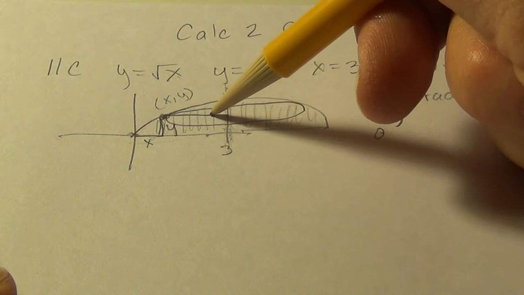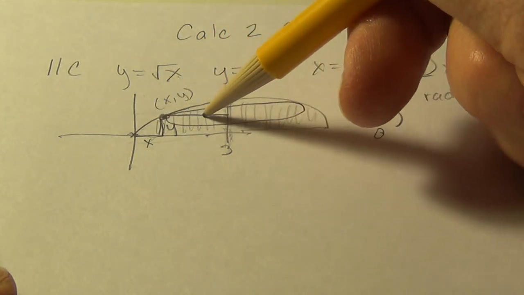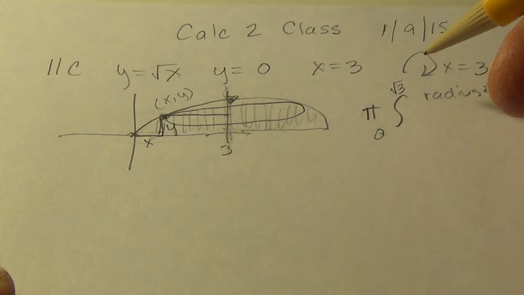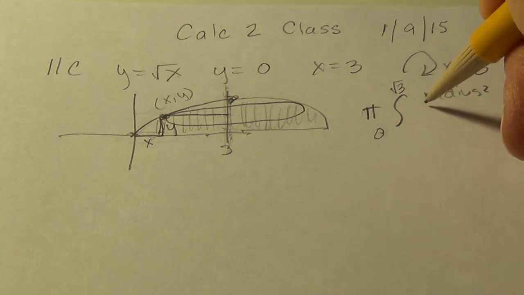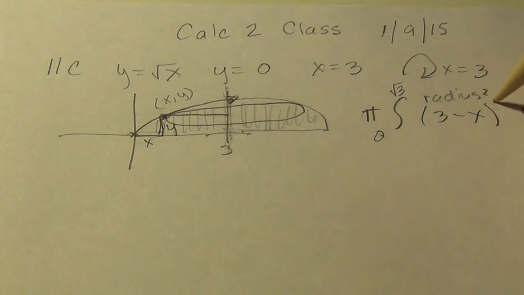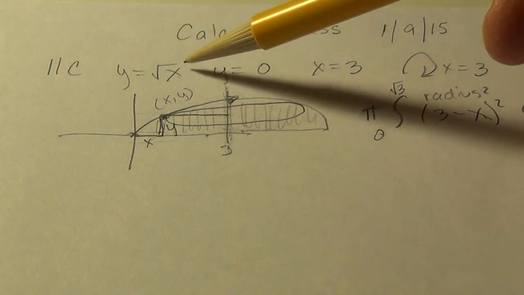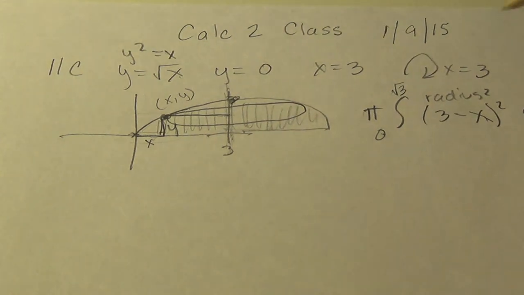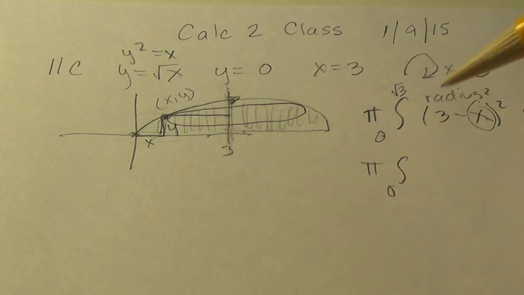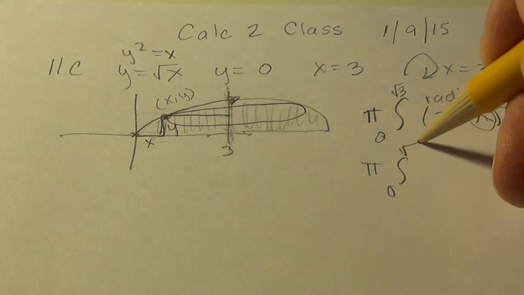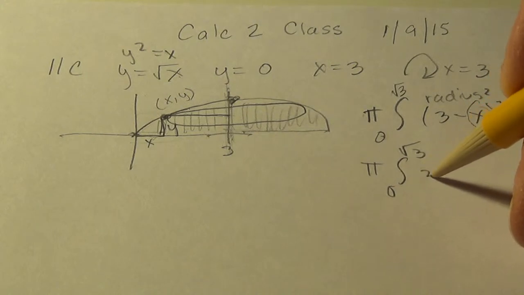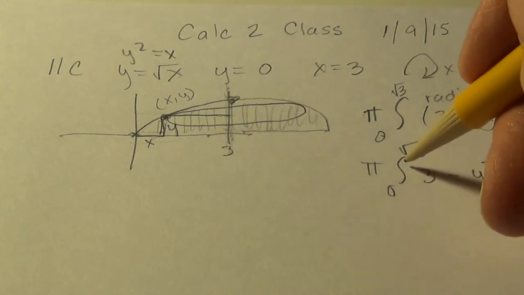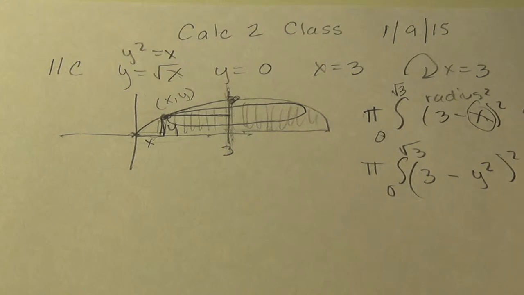So this value must be 3 minus x. But because we want to work in y, I go back to the function and see that x can be rewritten as y squared. So I have the integral from 0 to square root of 3 of (3 minus y squared) quantity squared, dy.